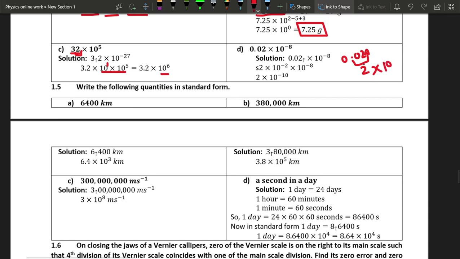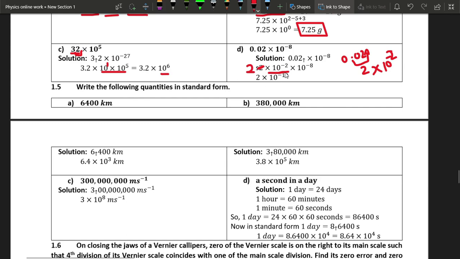How many places do we move? 1, 2, and we move the point from the left side to the right side, so it will be minus 2. Like here you can see, there is a mistake over here, we can just write 2. Now it will be 2.